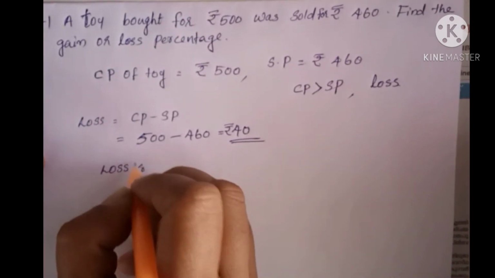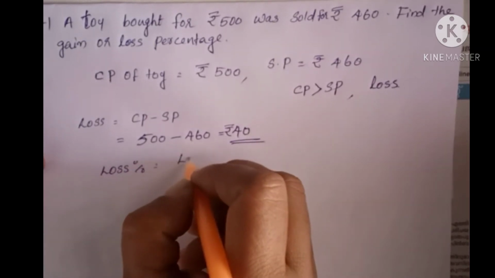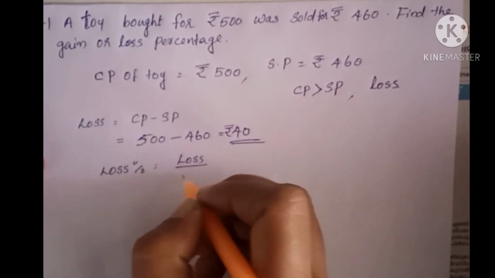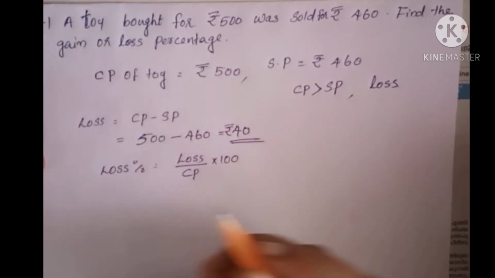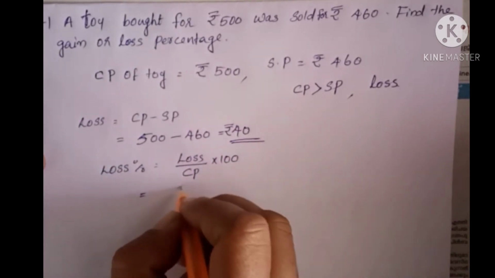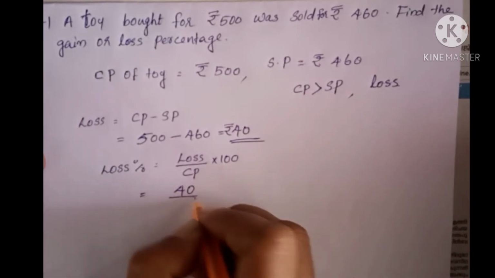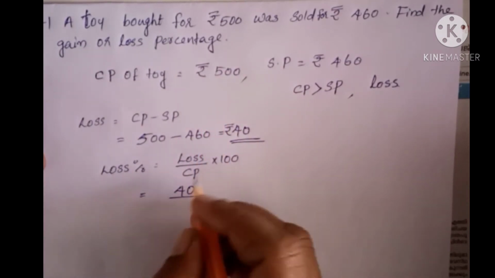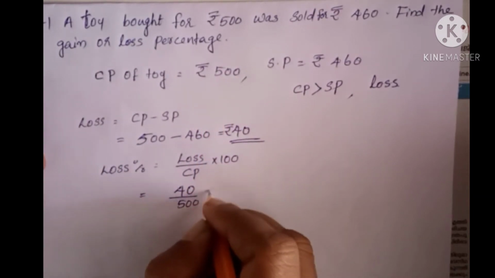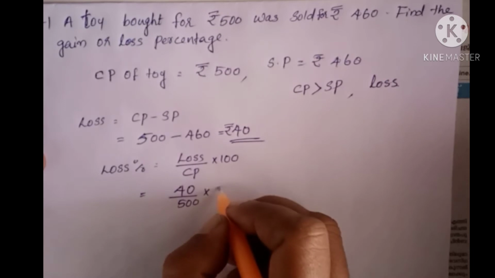Loss percentage equals loss by CP into 100. Loss equals 40 by CP of the toy, 500, into 100.